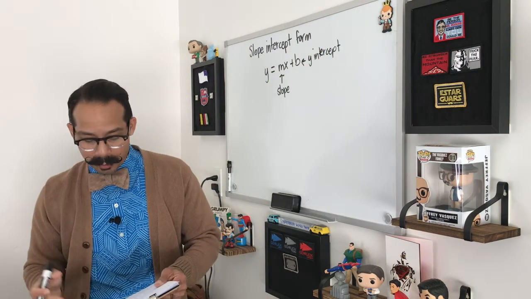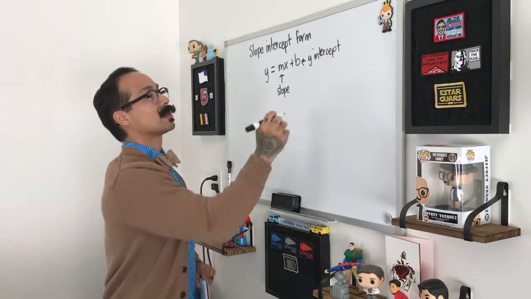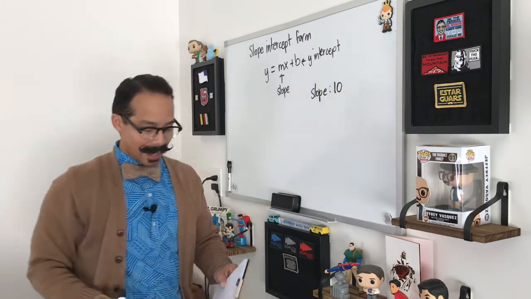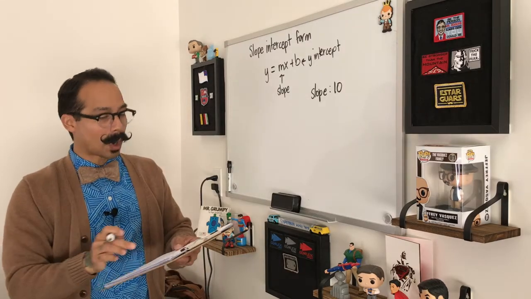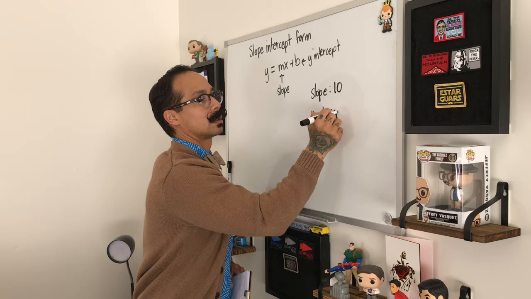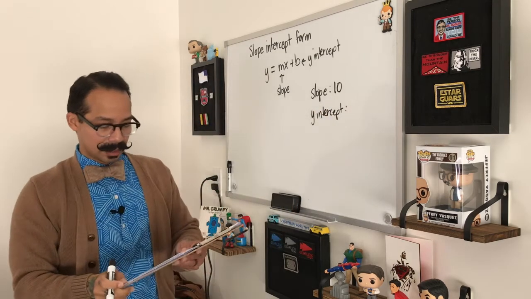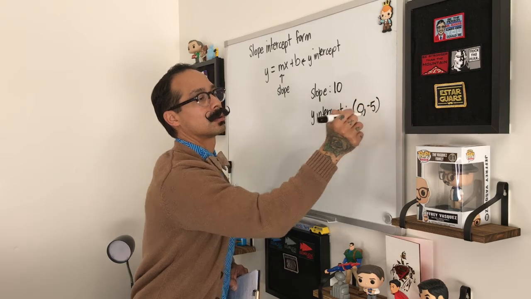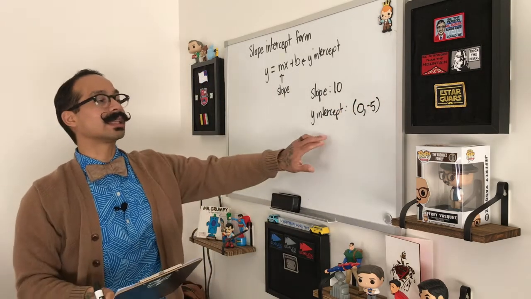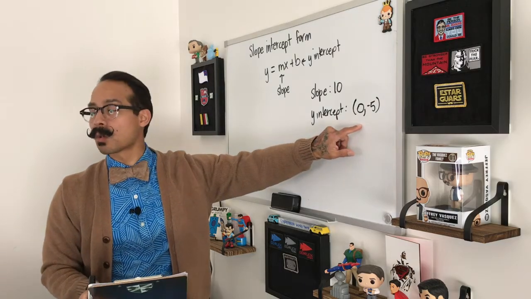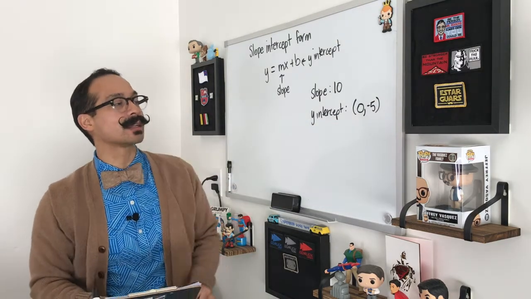And in this problem, we're given a couple of things. We're told that the slope is 10, and we're told that the y-intercept would be (0, -5). What that means is that the line crosses the y-axis at -5.